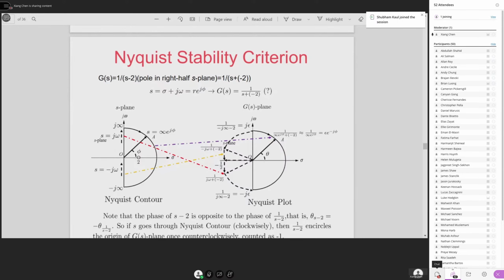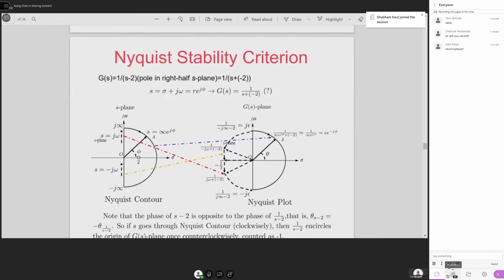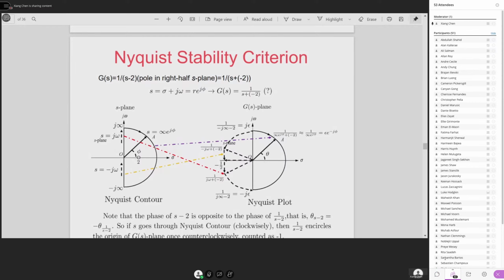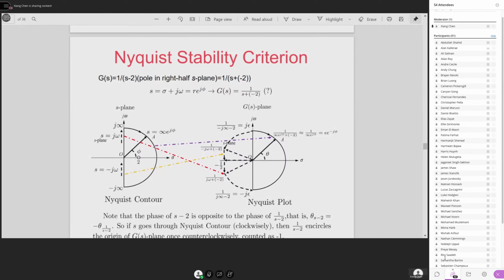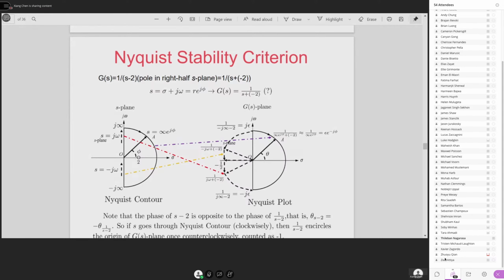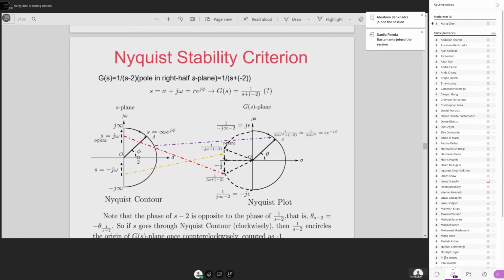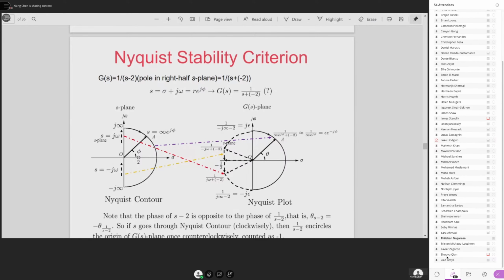So you see that if you have a transfer function that carries a pole or zeros in the right half plane, and then if you look at its Nyquist plot and the encirclement, we identify that the encirclement around the origin on the G of S plane makes a difference, right? I hope you can remember the conclusion for those 4 cases, which is the left half plane pole, zero, and the right half plane pole, zero, right?